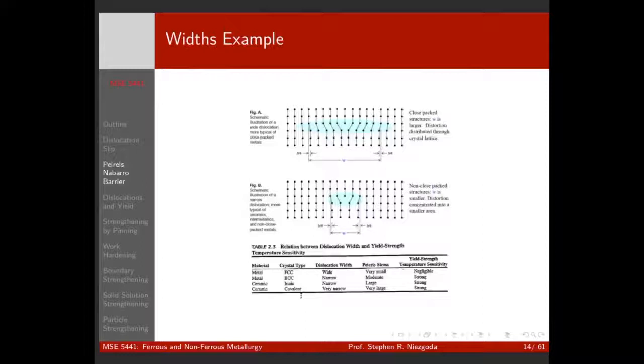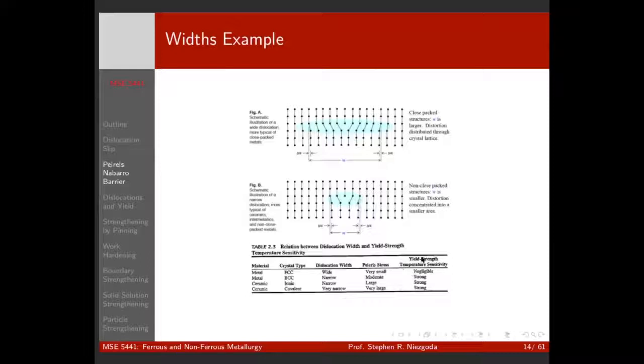Okay, so if we look at widths, if we have a nice close packed structure or a nice metal, we have wider dislocations. Our dislocation core is delocalized, more spread out. Whereas if we have non-close packed structures, the width is smaller and our distortion is concentrated in a smaller area. For FCC, we tend to have very wide dislocations and small Peierls stress.